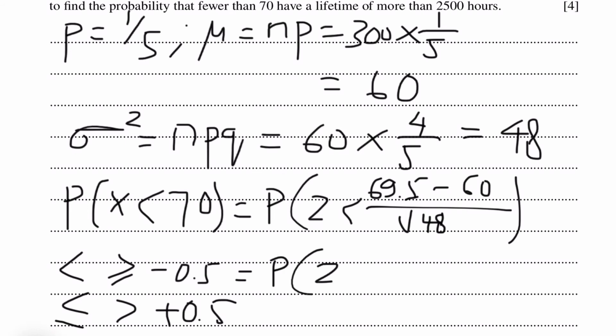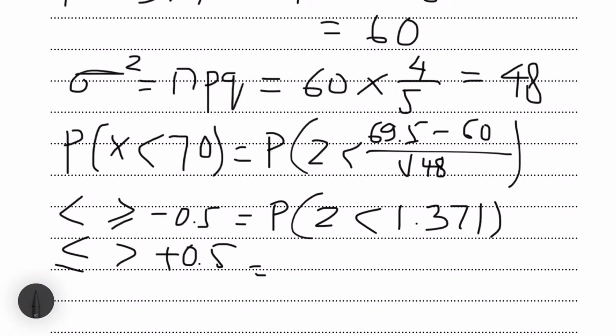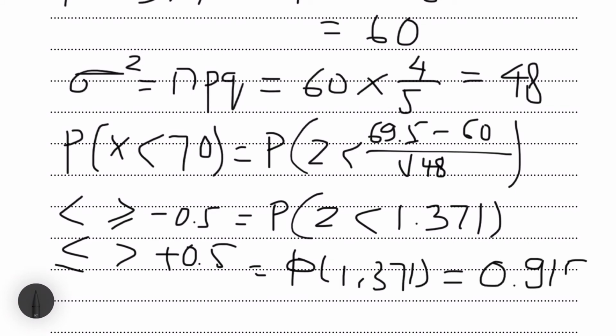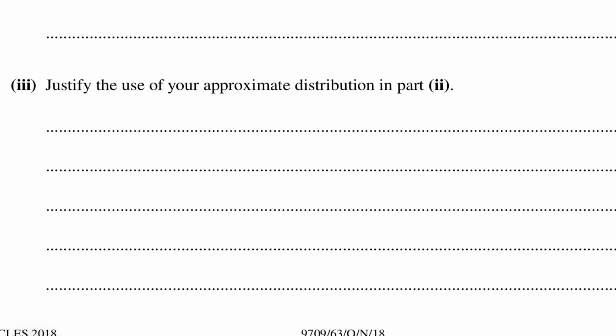And this will give you smaller than 1.371. So your value will be 0.915.